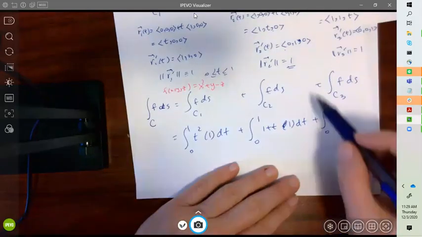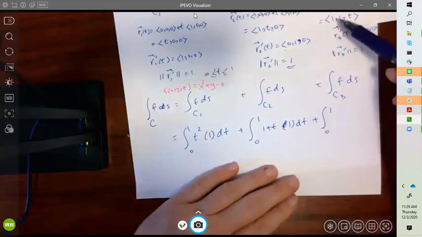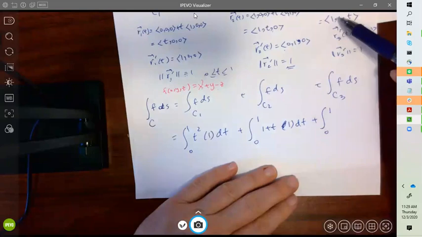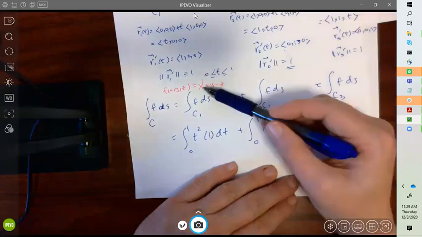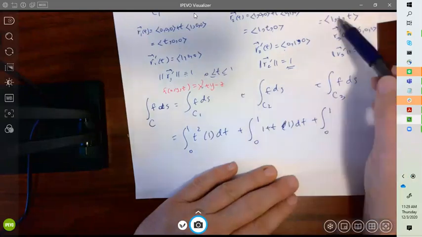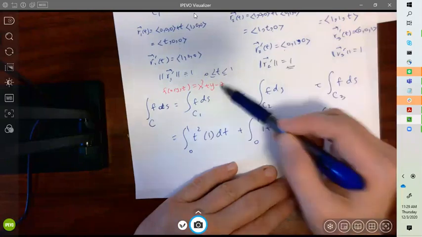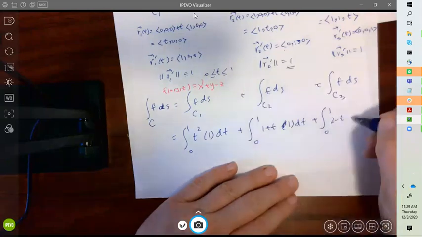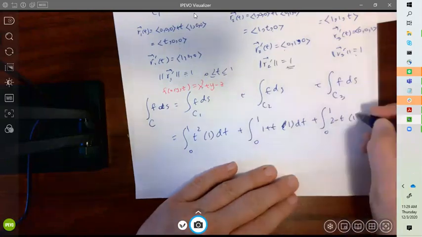And then in here, for x I plug in 1, for y I plug in 1, for z I plug in t, so it's 2 minus t, multiply by 1 dt.